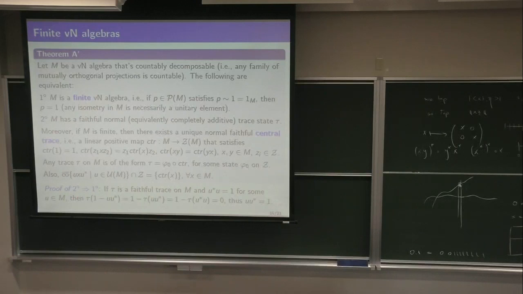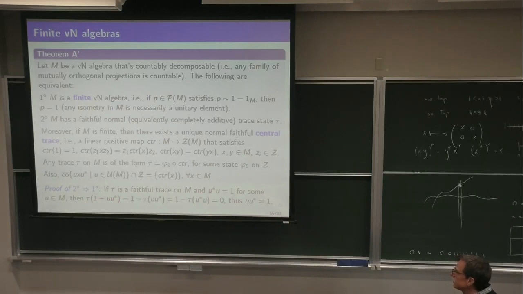Since I missed proving this implication in the factorial case, let's do it in this generality because it's completely trivial. If you have the finiteness, if you have a faithful trace, and u star u equals 1 for some element u in M, then u minus u star, which you would like to be equal to 0, right?